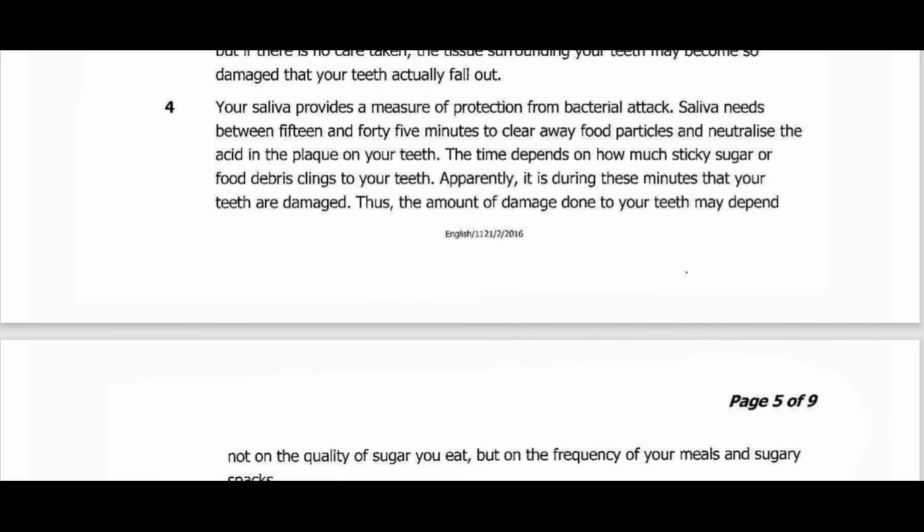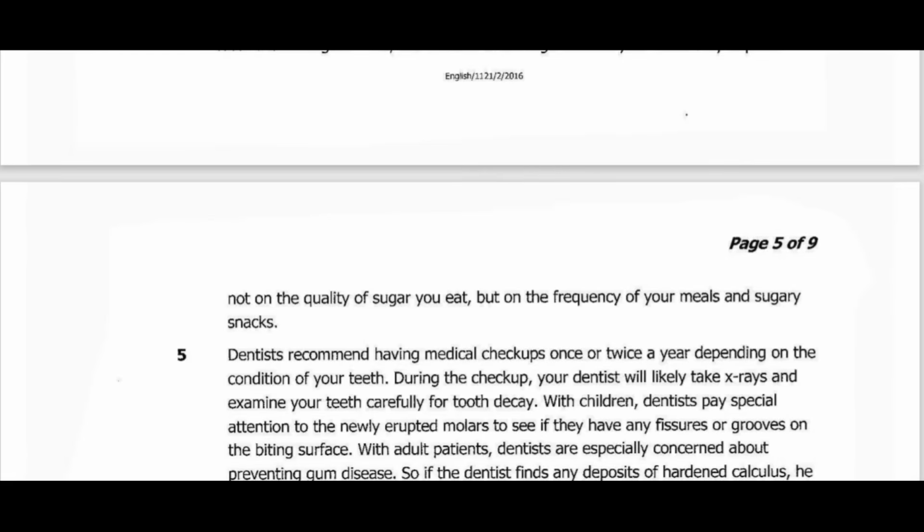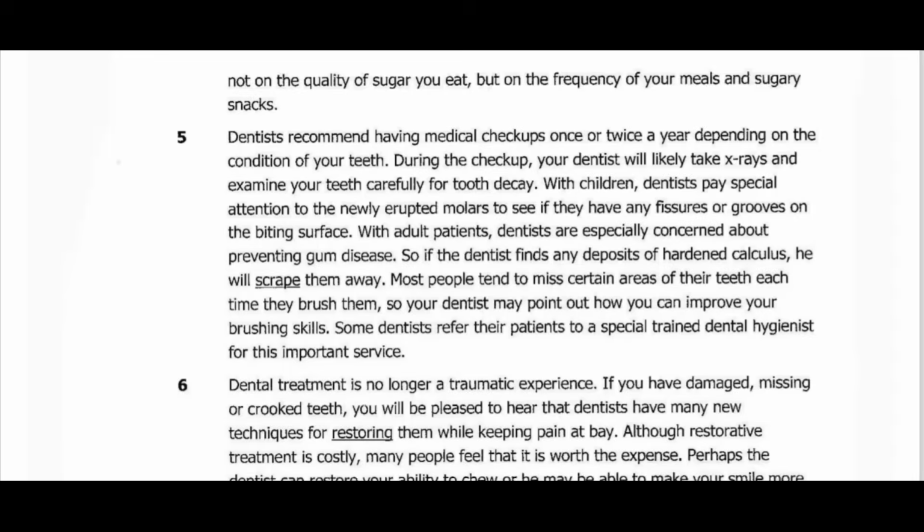Apparently, it is during these minutes that your teeth are damaged. Thus, the amount of damage done to your teeth may depend not on the quantity of sugar but on the frequency of your meals and sugary snacks. So on the frequency, we are looking at how many times you take such meals.